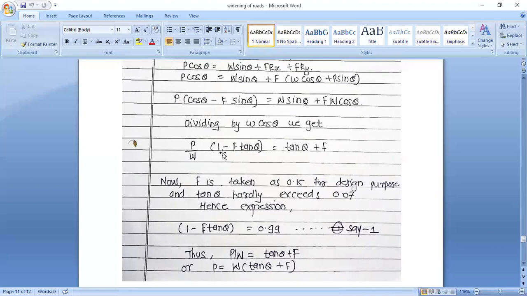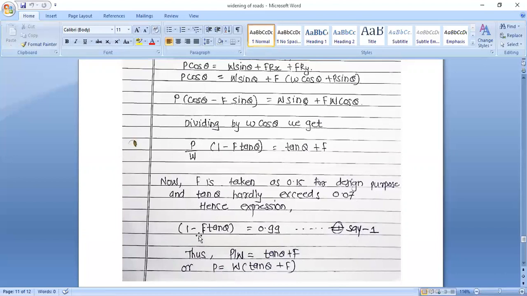Then 1 minus F tan theta is 1 minus 0.50 into 0.07, and the calculation gives 0.99, which is approximately equal to 1.